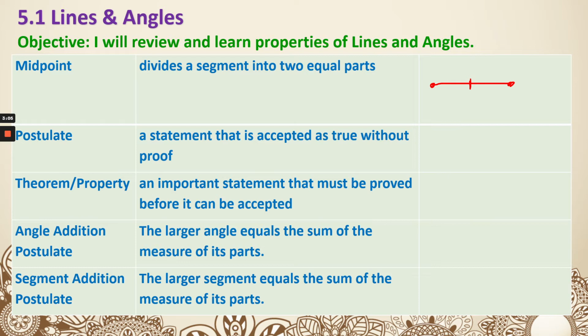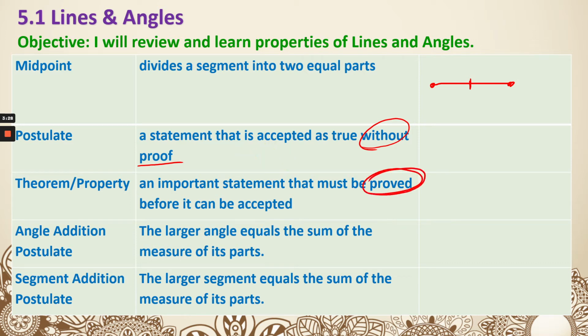The key is postulates are something that we can just use to help us prove something else. Next, theorem or property. An important statement that must be proved before it can be accepted. So it needs to be proved, but we can use the postulates to prove them, and then we can use them since we have proven them.